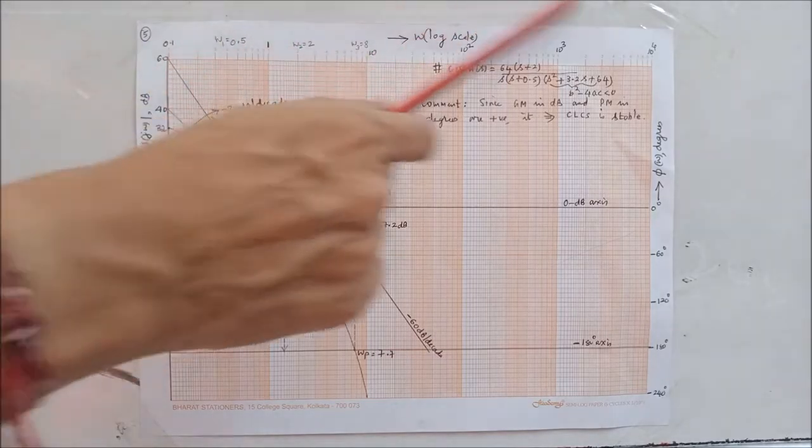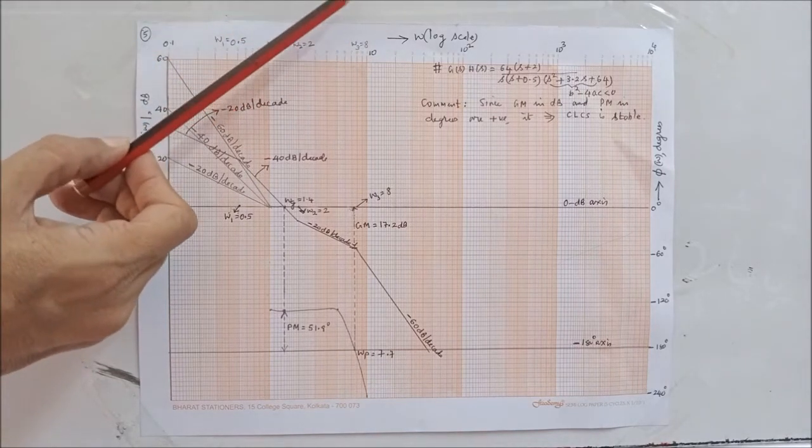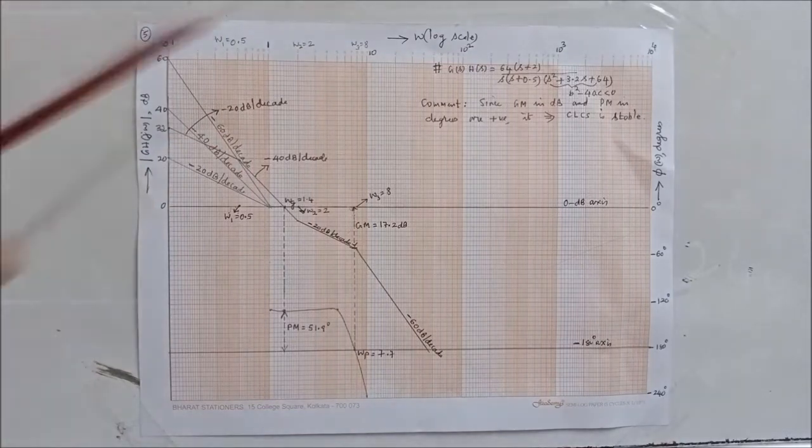See, this is a semi-log sheet on which the magnitude diagram and phase diagram are drawn using the magnitude table and the phase table. Say the x-axis represents omega in log scale.